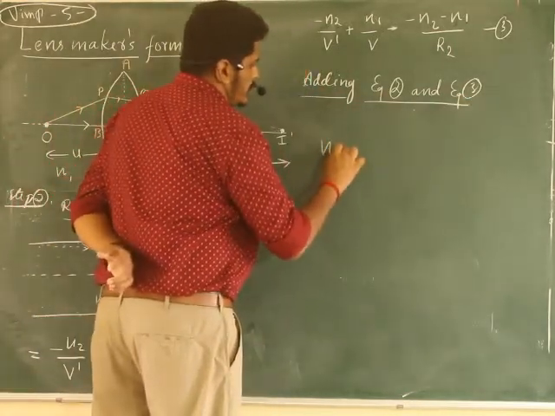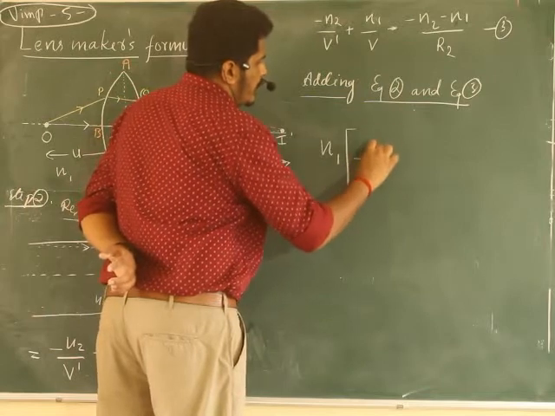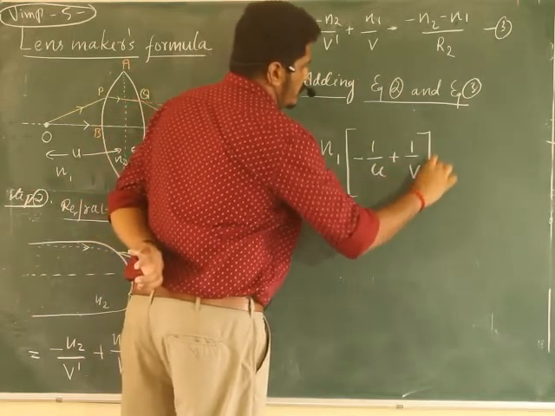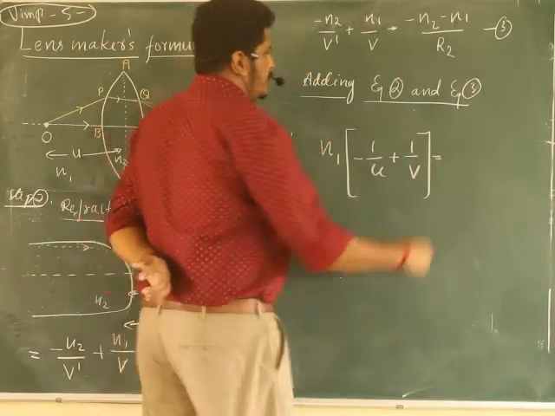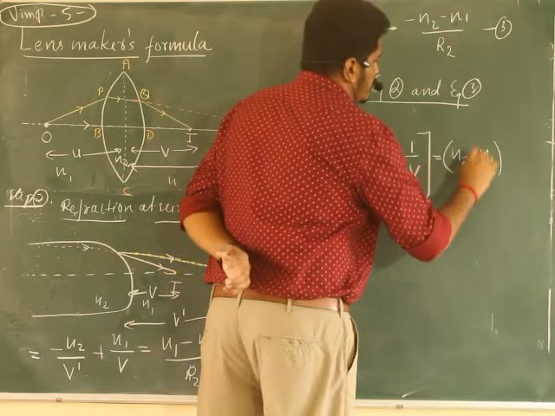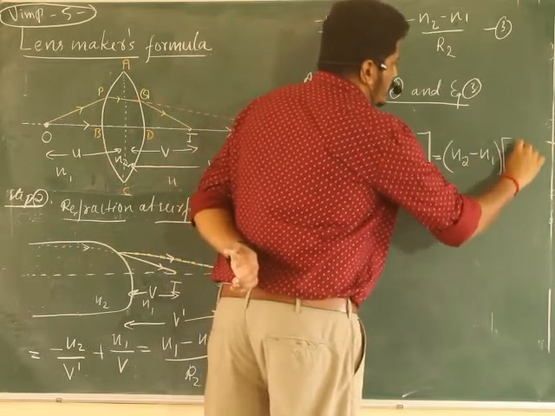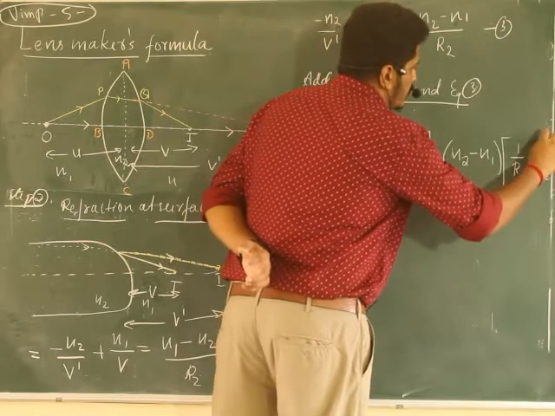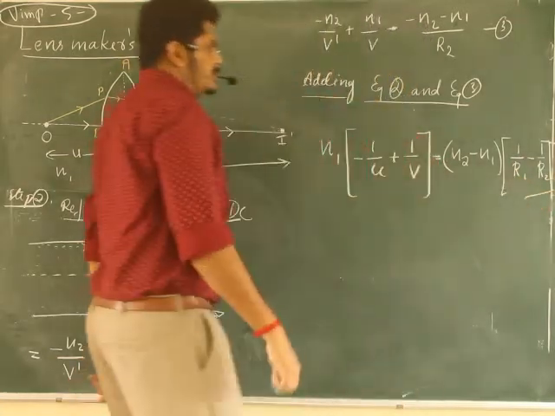So we will get n1 into (minus 1 by u plus 1 by v) on the left hand side of the equation. On the right side of the equation, what do you get? n2 minus n1, so common, then into (1 by r1 minus 1 by r2). Hope you can see that.